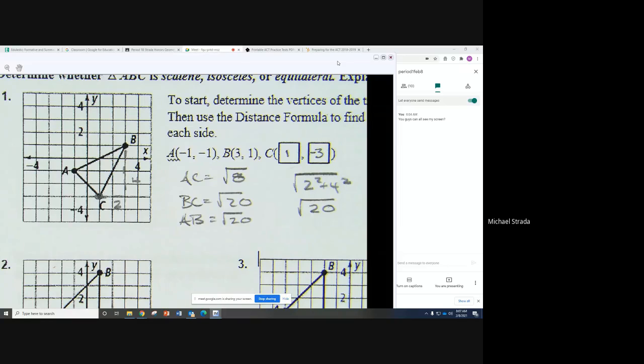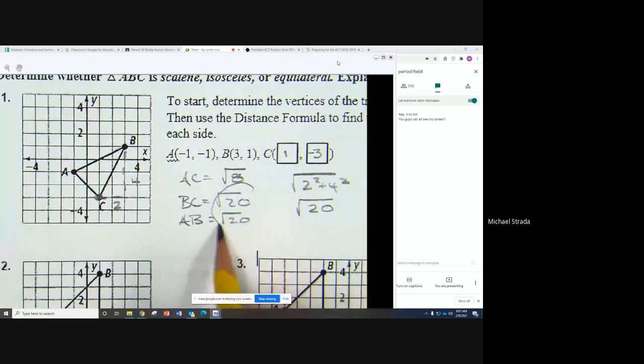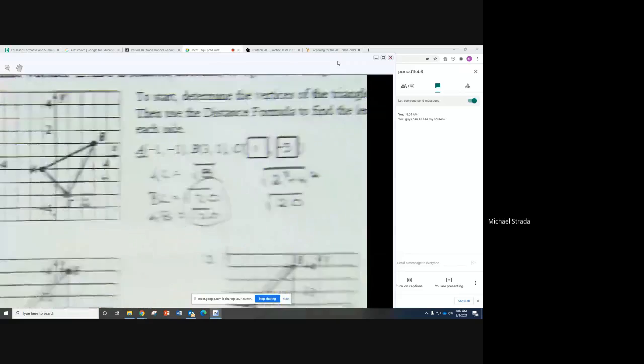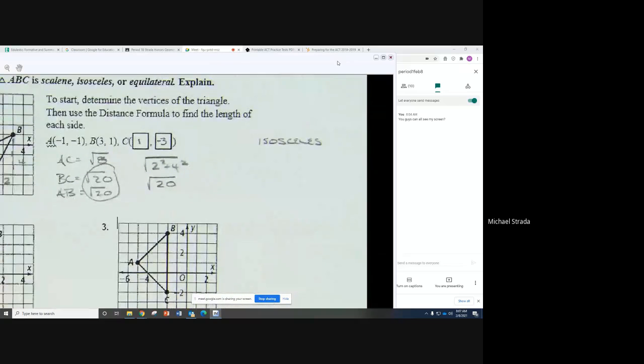So you have 2 sides that are equal in length, so it is isosceles. What you then have to go back and do is see if it is a right, acute or obtuse triangle.